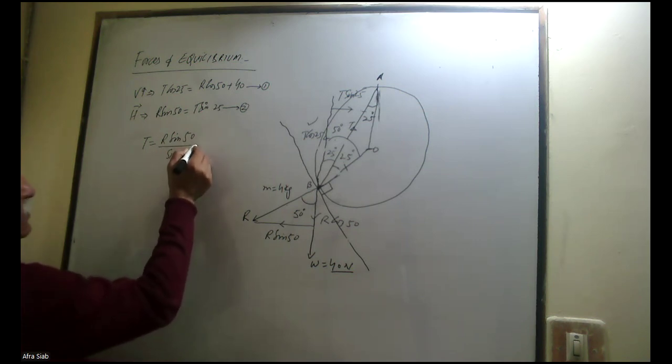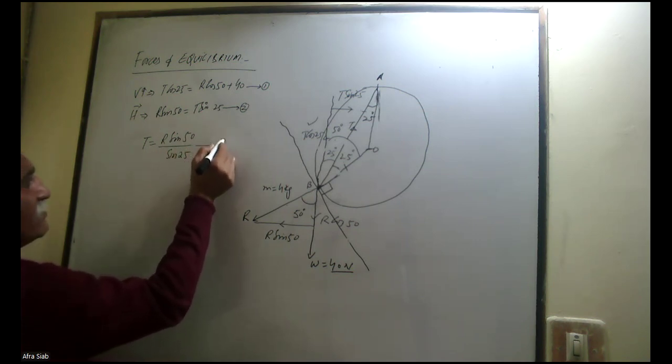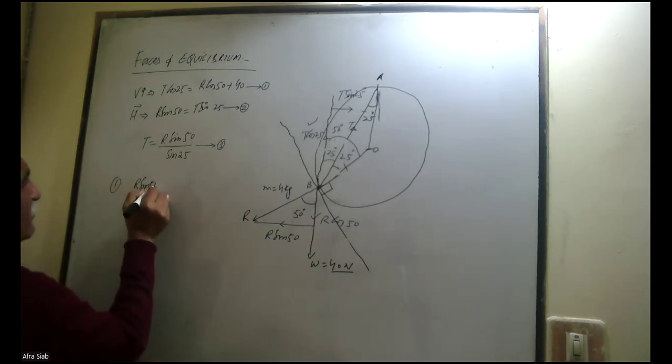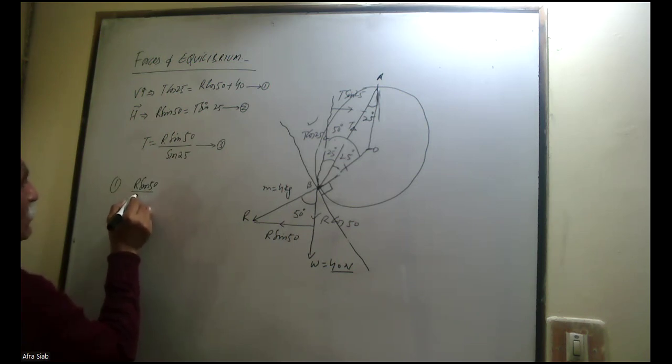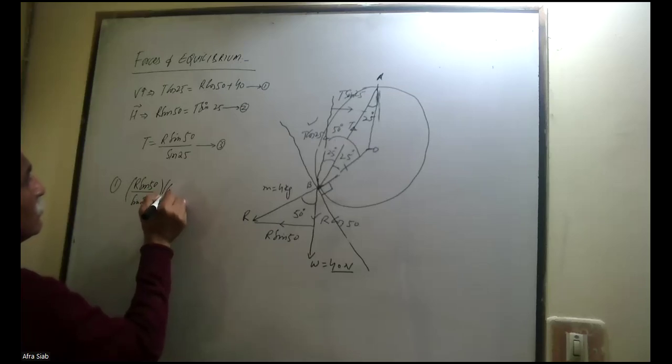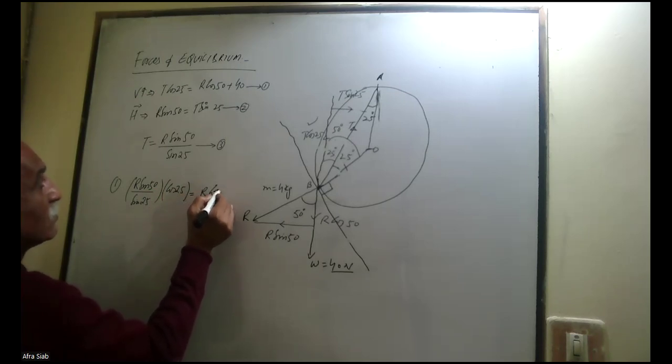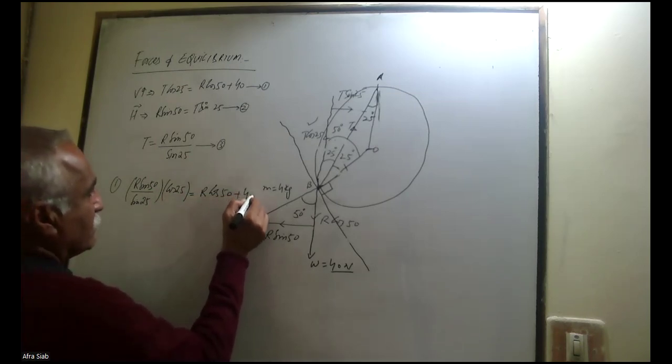Now we put this value of T into equation 1, so R sine of 50 over sine of 25 into cos of 25 is equal to R cos of 50 plus 40.